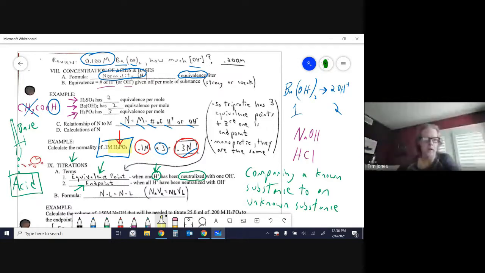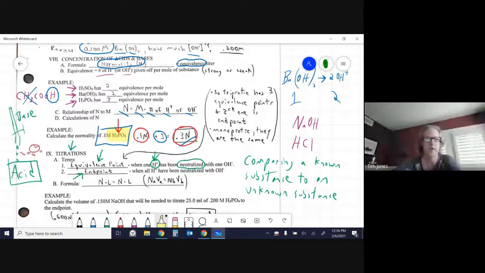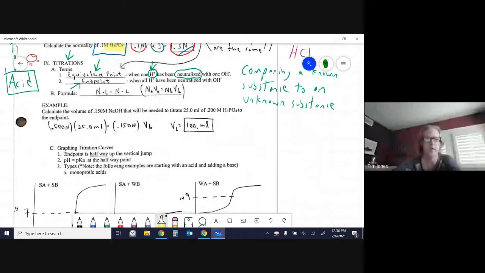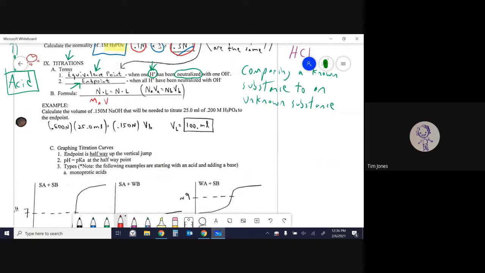Okay. Now, what's been developed is an equation to help with titrations, especially if one or more of the chemicals has more than one equivalence. And you should recognize this equation looks just like MaVa equals MbVb.